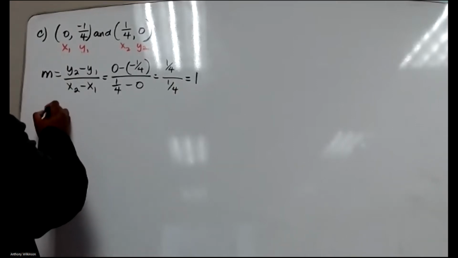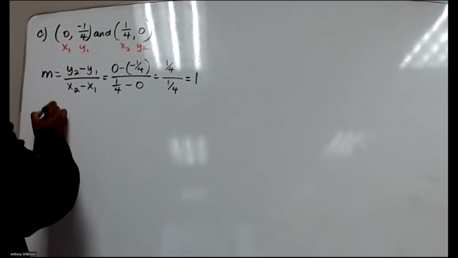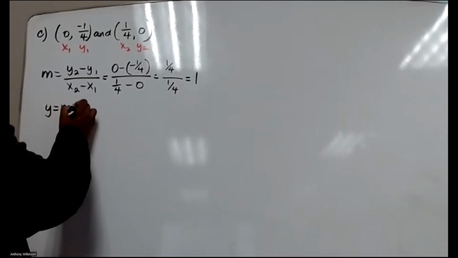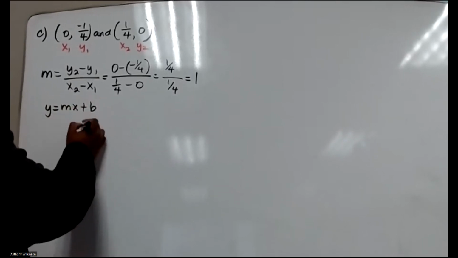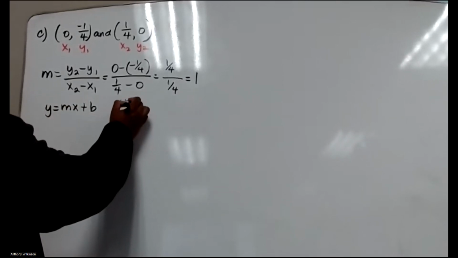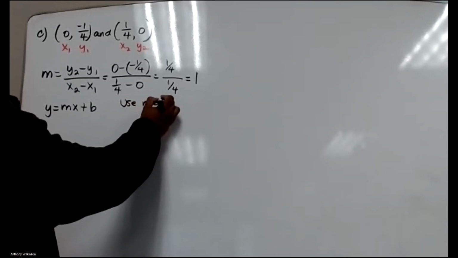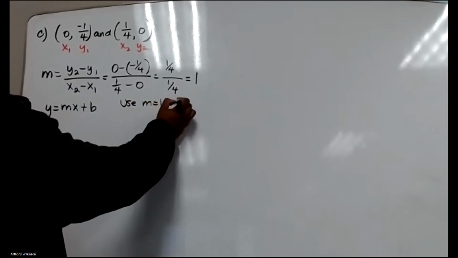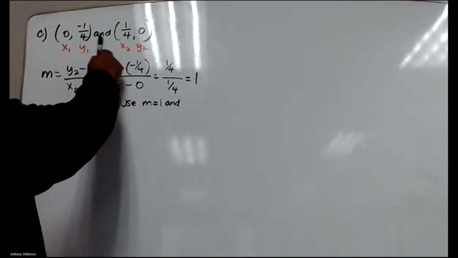Now we need to write the equation using y equals mx plus b. I do have a slope of 1, which I found, and I'm going to use either one of these two points.